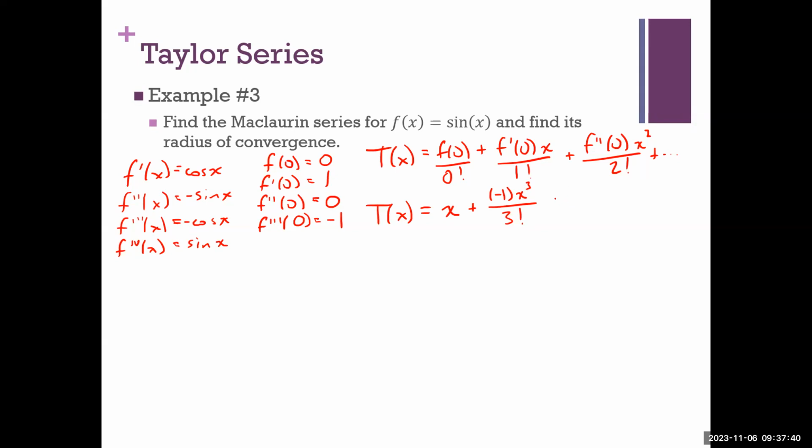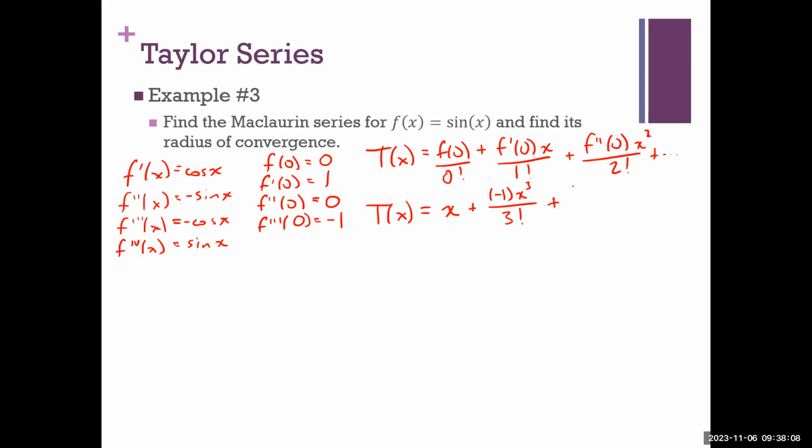Let's go get one more. So I think the next one's going to come from the fifth derivative, right? What's the fifth derivative of sine of x? It's not alternating, but it does cycle. So yeah, the fifth derivative of sine of x is the same as the first derivative, so it's cosine of x.